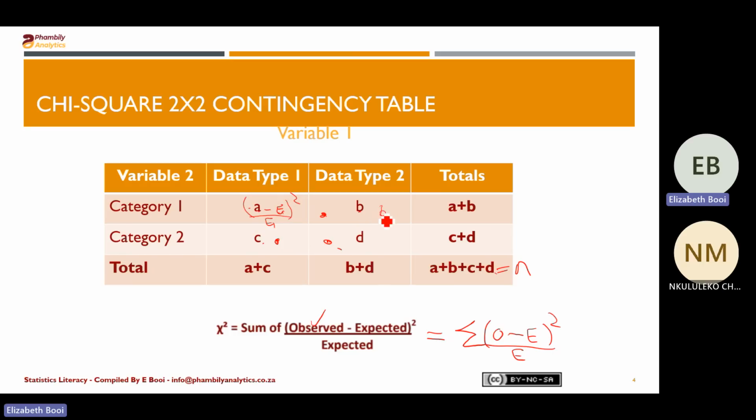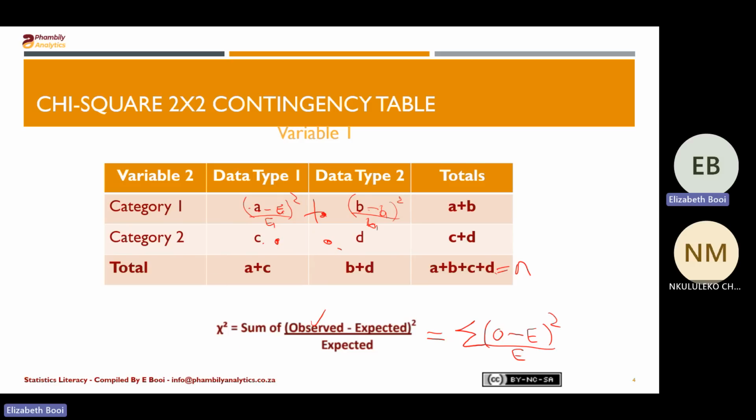So let's say this is B1. So you will say B minus B1 squared divided by B1, and you do that for all of them. Then when you are done, you're going to add all the answers. That is what the summation means: adding all the answers together to get the value of your test statistic chi-square.